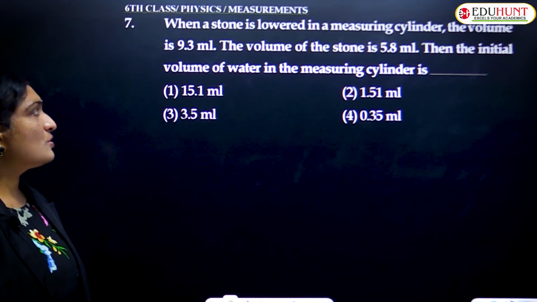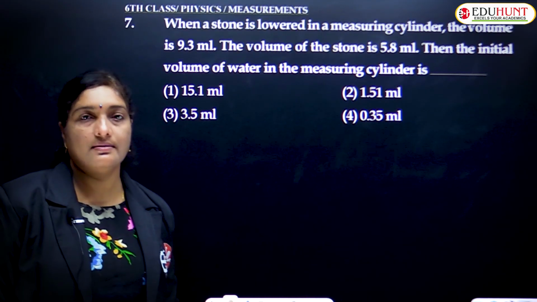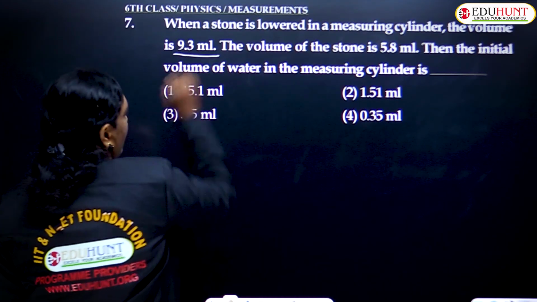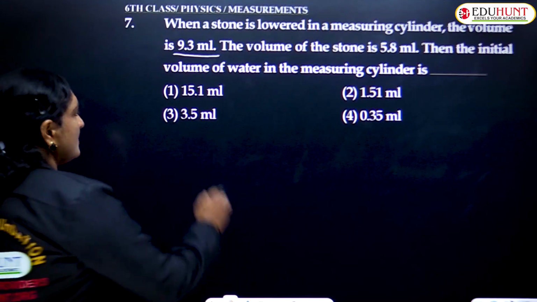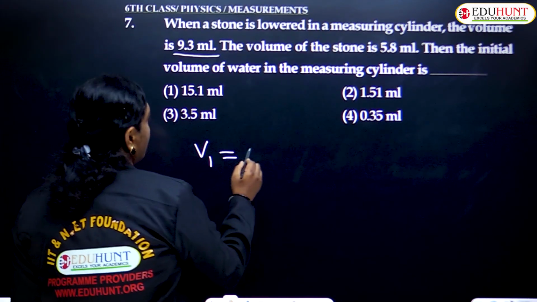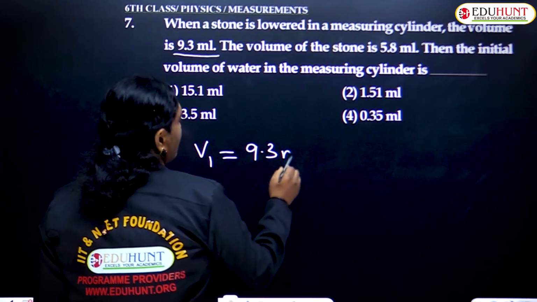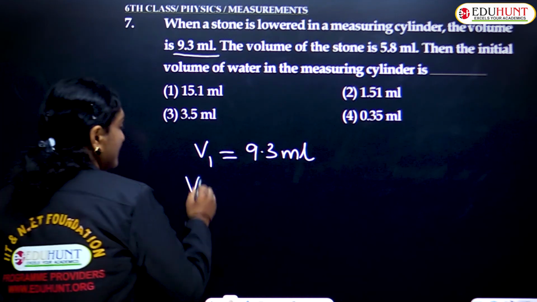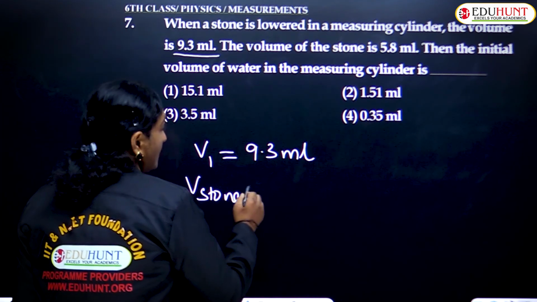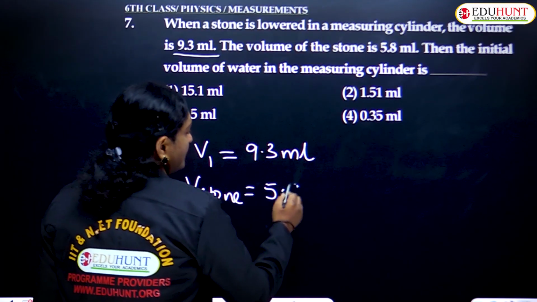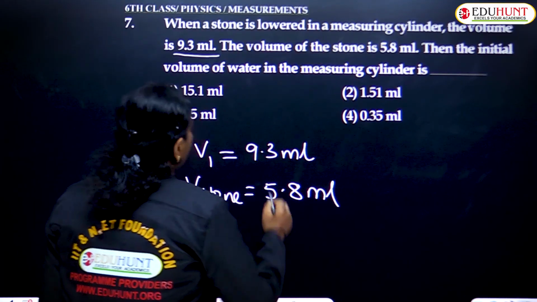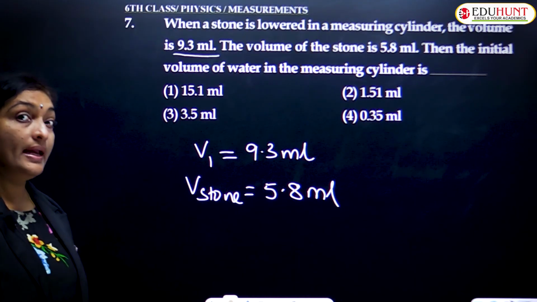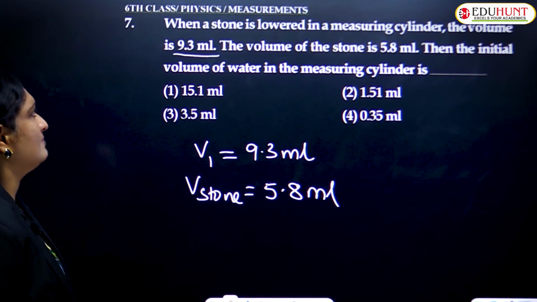Next, when a stone is lowered in a measuring cylinder, same as the previous question, the volume was 9.3 ml. The volume of the stone itself is given to be 5.8 ml. Then they ask for the initial volume of the water in the measuring cylinder. Let me repeat.